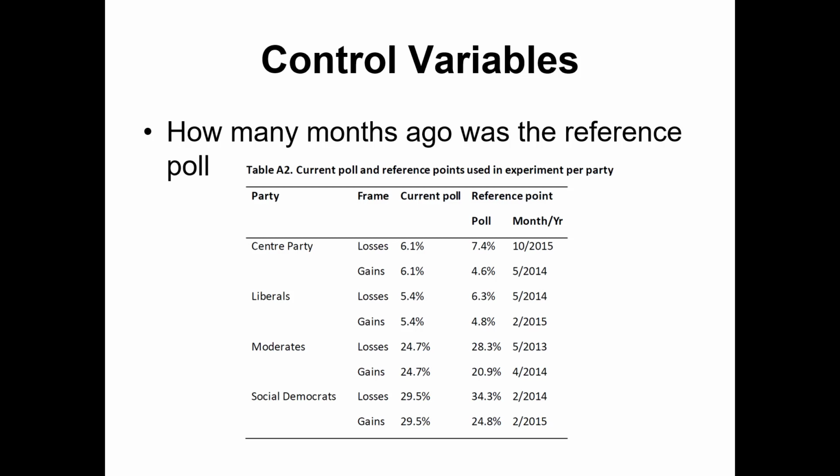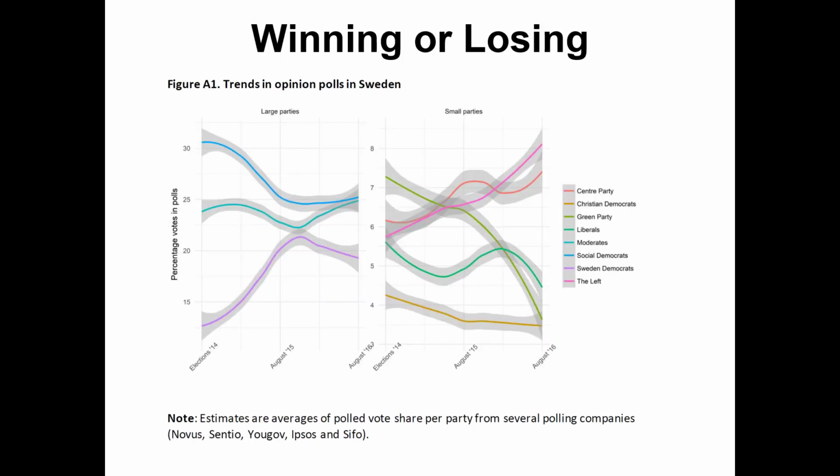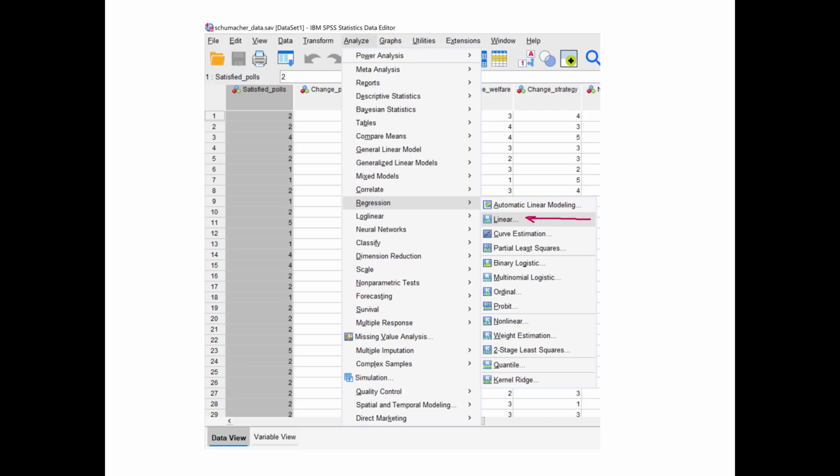So based on that, I could count the number of months from their current survey, 2017, that's my guess, compared to the reference point. And so I created that variable, and I think I got fairly close. And we already talked about whether they're winning and losing in recent poll, right? And we can do this OLS regression pretty easy.